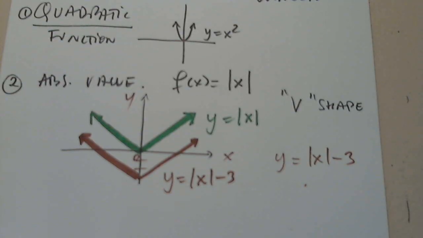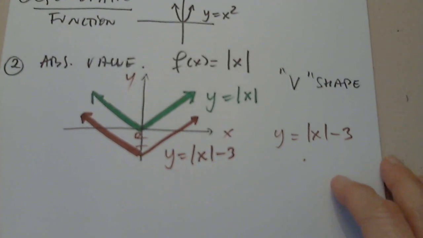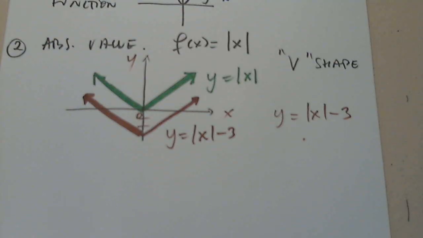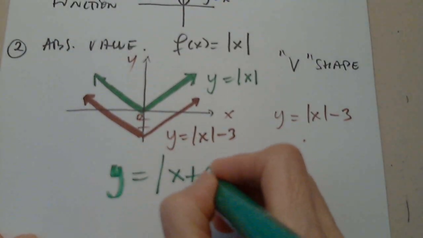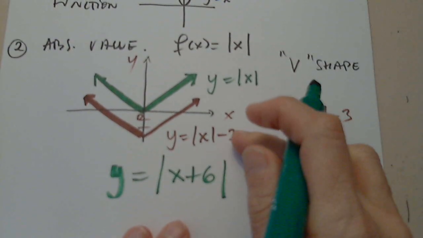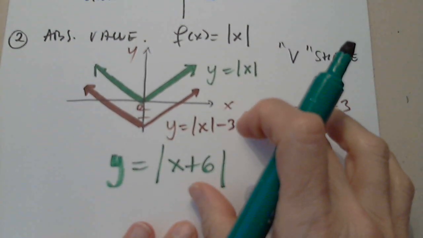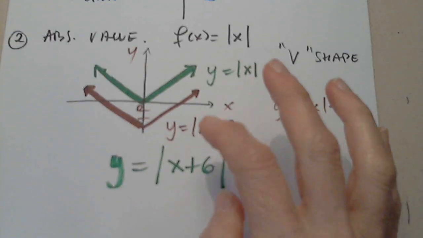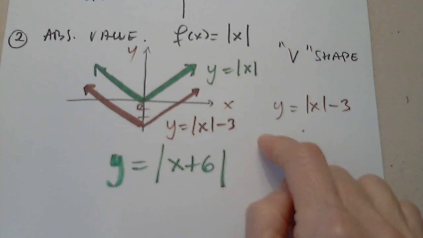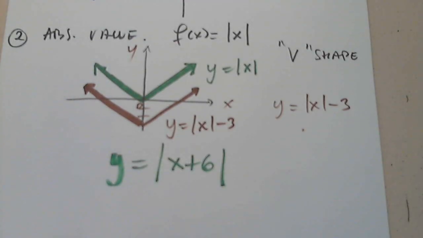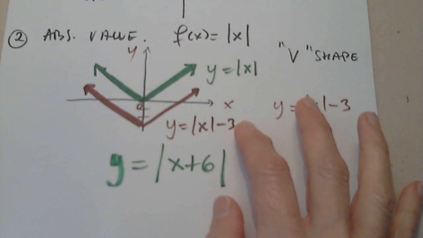So let's look at this and see what happens. So let's look at y plus 6. Notice that this is a different situation. So y is the absolute value of x plus 6. Let's analyze. This is very important to understand. So this is the basic function, and then minus 3. So the change is outside of the absolute value.